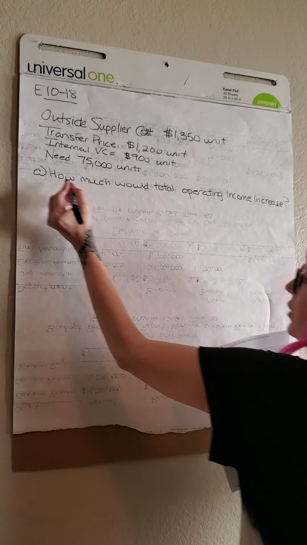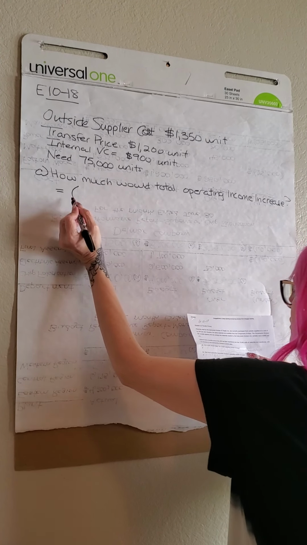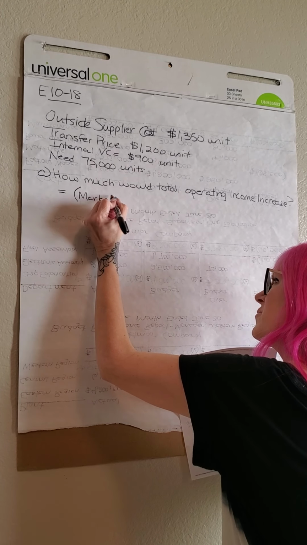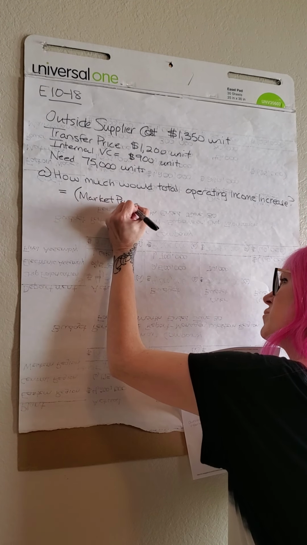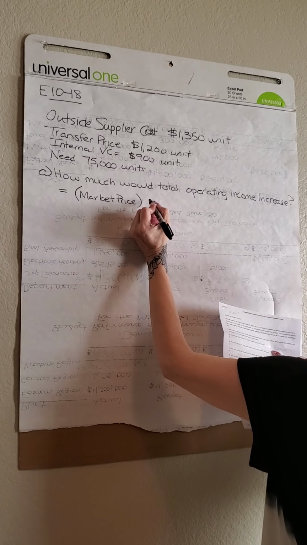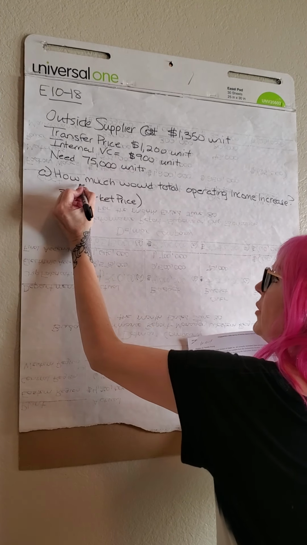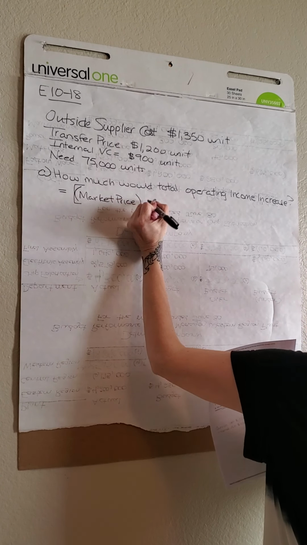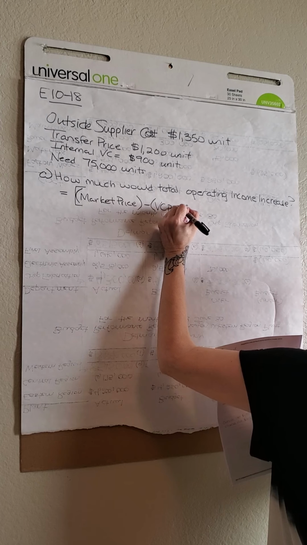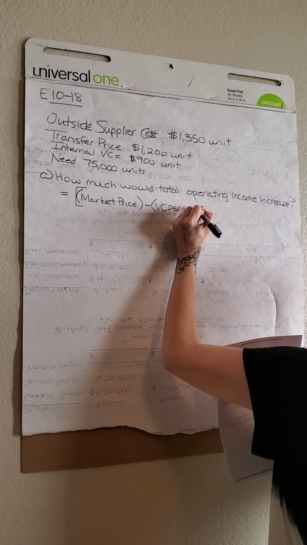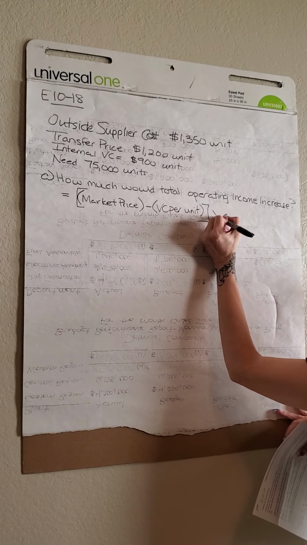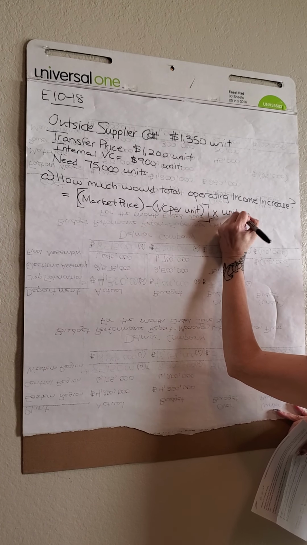So in order to calculate this, what we want to do is take the market price minus the variable cost per unit, times units transferred.